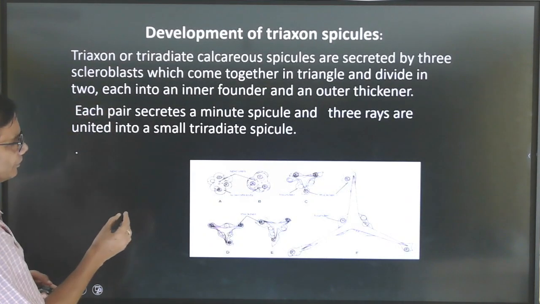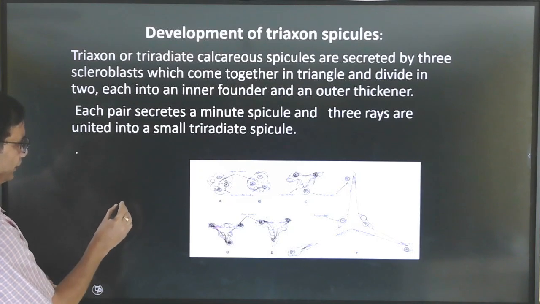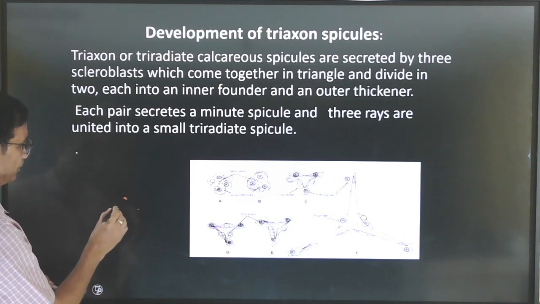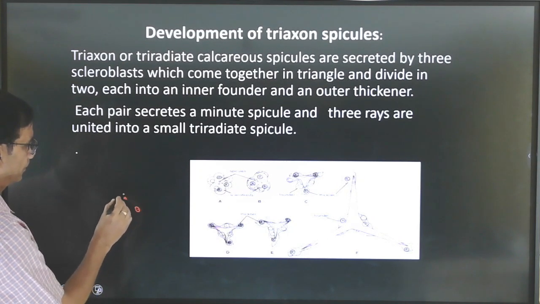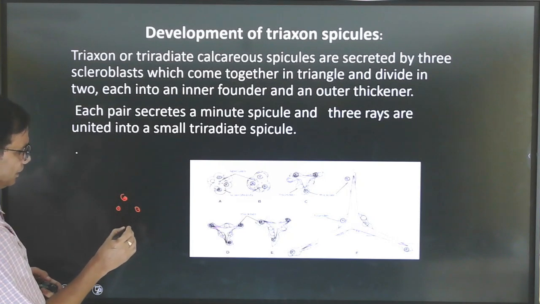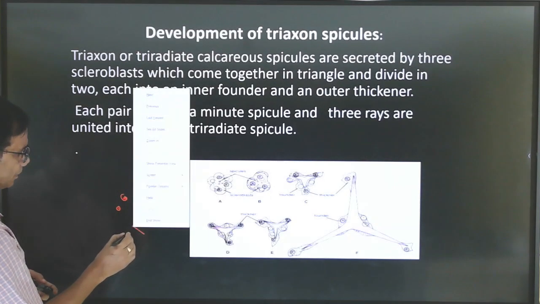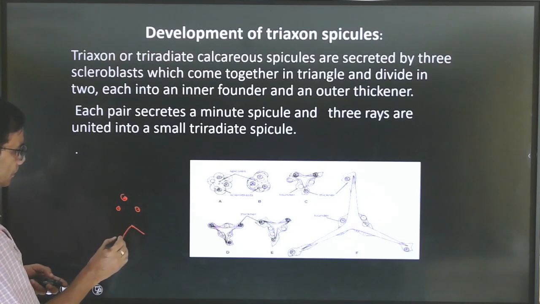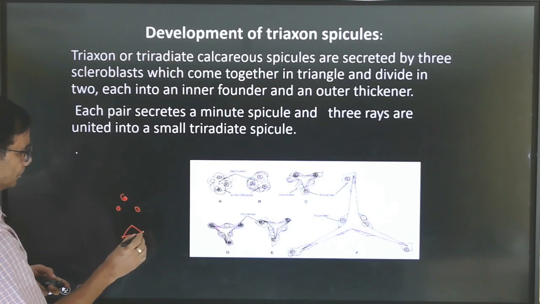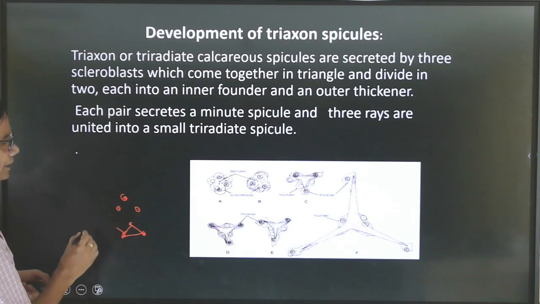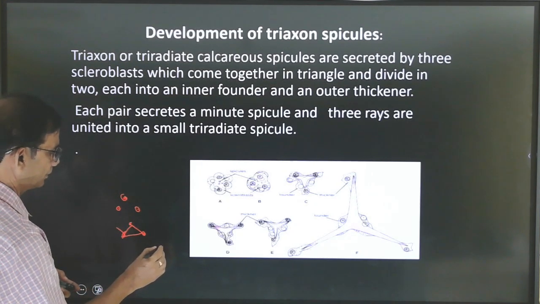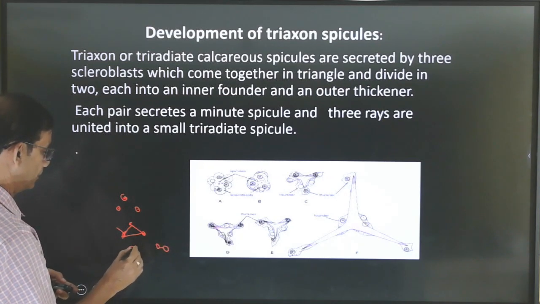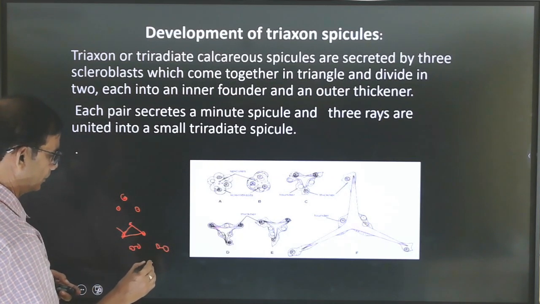Similarly, in the triaxon, triaxon means three scleroblasts, and these three scleroblasts form a triangular structure, and these three scleroblasts divide.